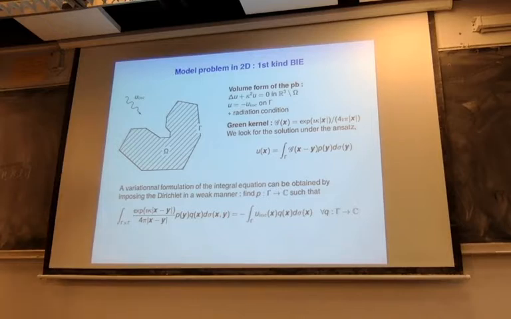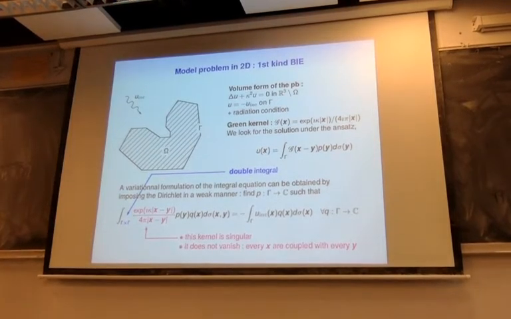So it's not a variational formulation posed on a volume anymore, it's a surface variational formulation. There are a few specific features in this variational formulation. First of all, it involves not a single integral, but a double integral. So these are surface integrals, but they are double integrals.